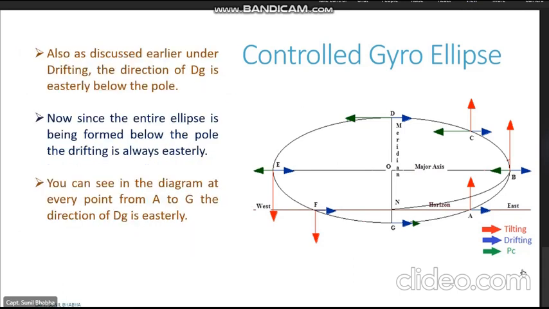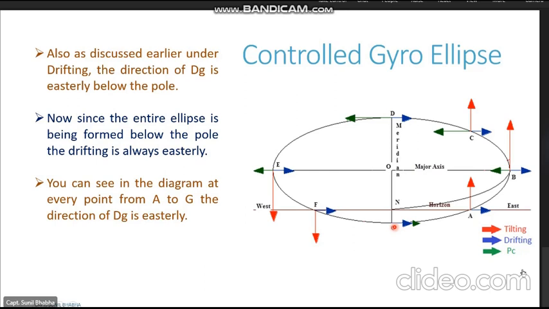Another point regarding the drifting: you see that at every point the direction of the drifting vector is easterly. Now why is that so? Why is the drifting easterly? If you remember the elliptical path and the circular path, I showed you a blue color circle and the red color ellipse.